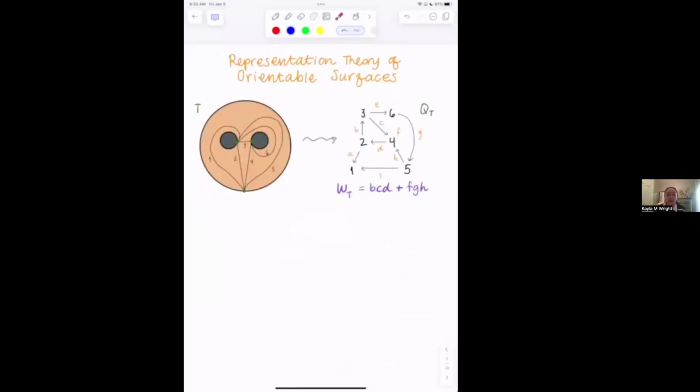So here is my triangulation and my quiver, and the potential that I get is a combination of the cycles coming from internal triangles. If you look at the beak of this owl, 2, 3, 4, this corresponds to the term BCD in the potential, and then there's one other triangle that gives this other term. From here, we can get an algebra, namely the Jacobian algebra.